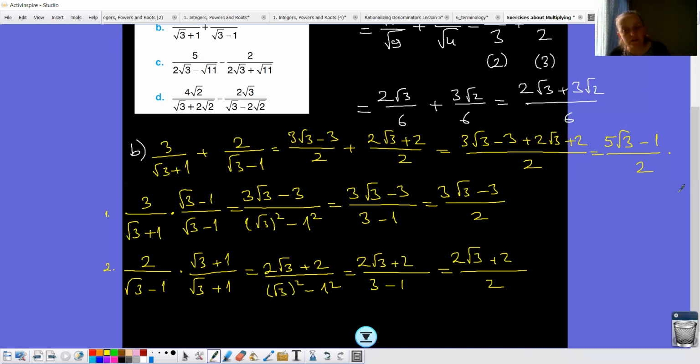Is it okay? Are we clear? Yes, teacher. Okay, are you writing? Wait a bit for writing. Teacher, can I solve C? Of course, why not?